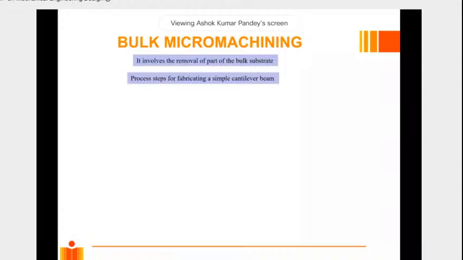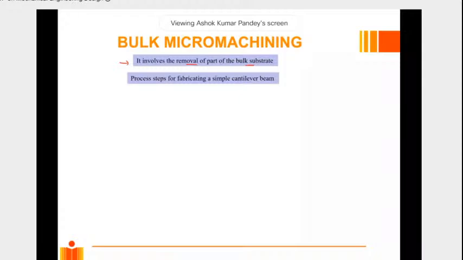But in the bulk, we will fabricate the cantilever out of your given substrate. Okay, so what it involves is removal of part of the bulk substrate. In the previous case, it was addition of material on top of the substrate.